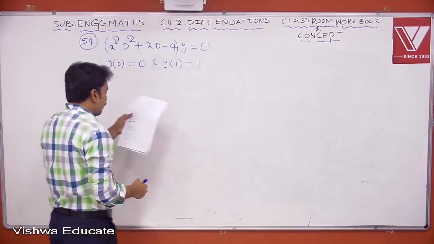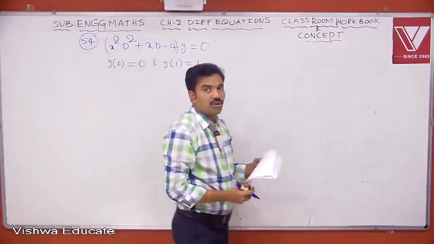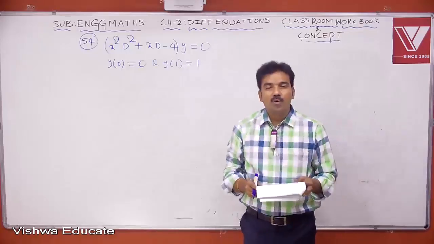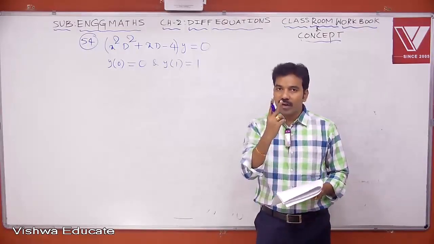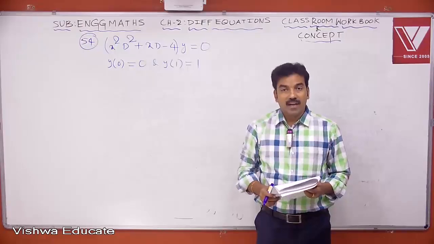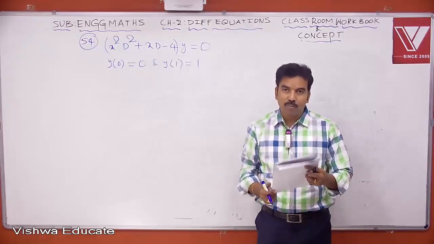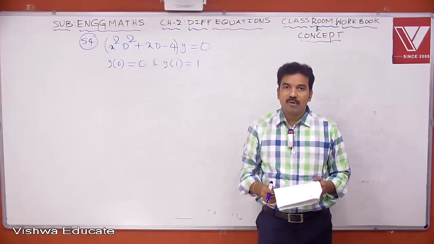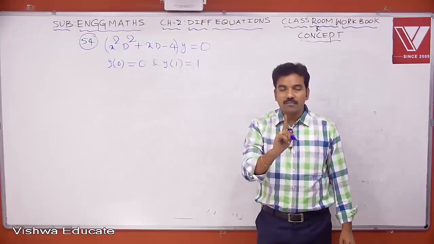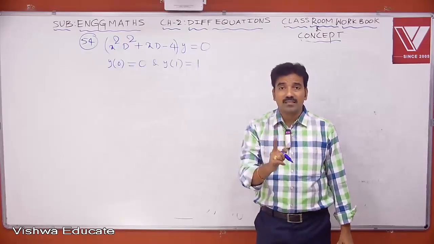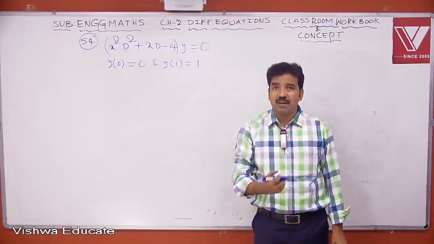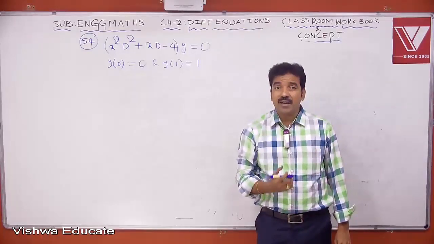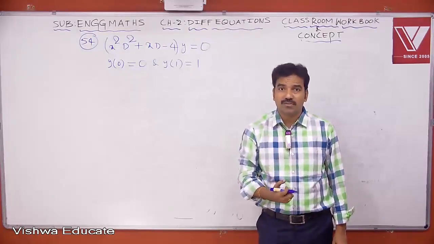The complete solution of this equation is, options are given. How to handle questions like this? It's a second order equation, two boundary conditions are given, and particular solutions are given directly in the options. So let us try to verify the boundary conditions. If only one option satisfies both boundary conditions, that could be the right answer, right? Even if you don't get the right answer by verifying options, at least we can eliminate one or two options.